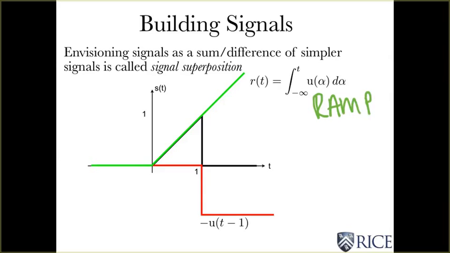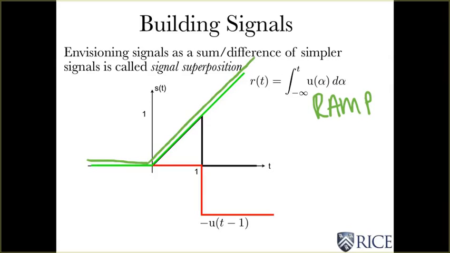That's why I called it R of t. And I want to point out it's the integral of the unit step. So a ramp function is 0 for t less than 0, and then it goes up with a slope of 1 forever. And that's the same as this integral.